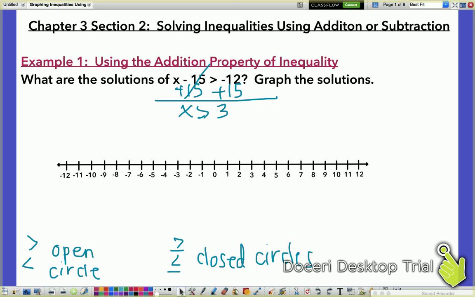Okay, so this is going to be open. So I'm at x is greater than 3. So I have an open circle, and then greater than means all numbers greater than but not including 3.